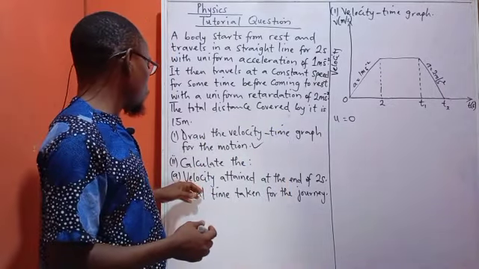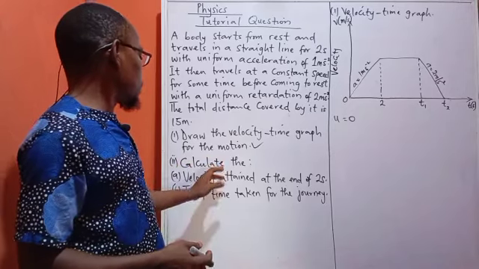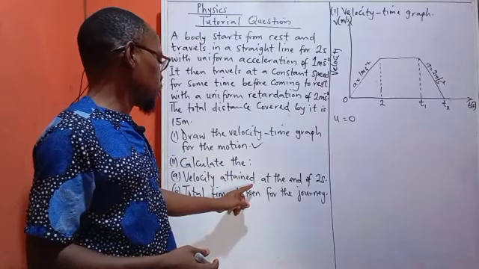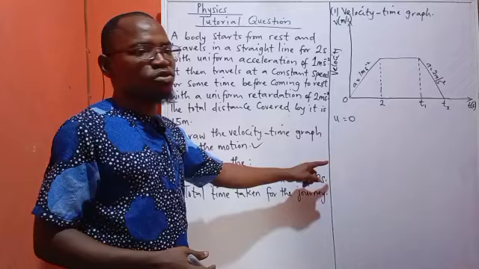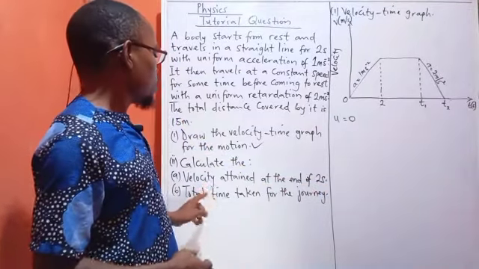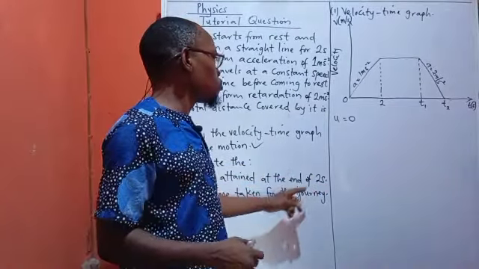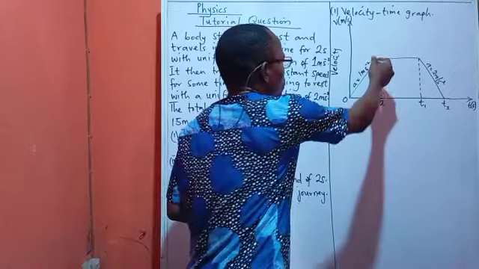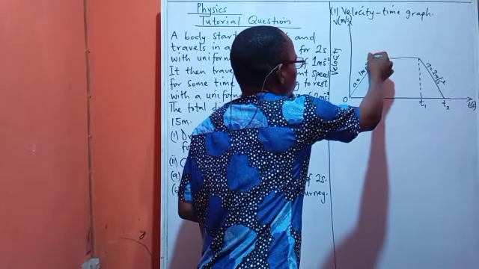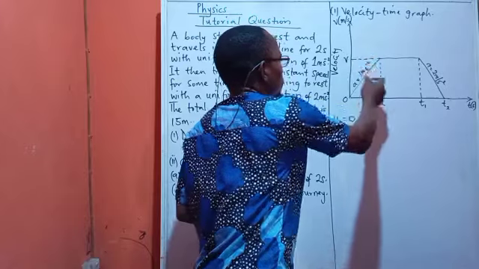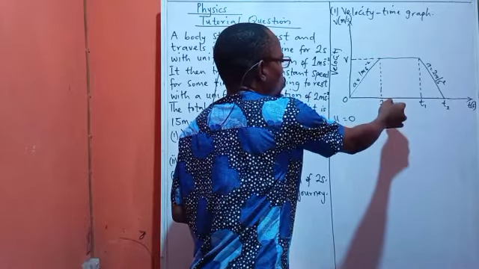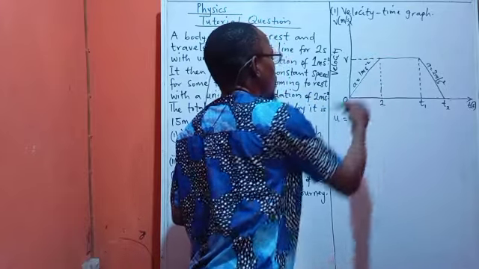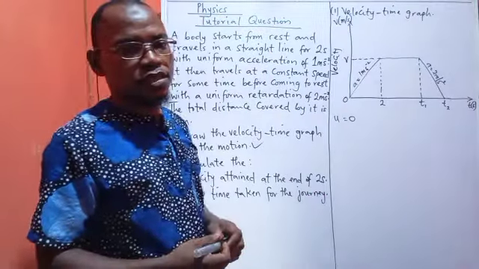Now let's move to the second question. The second question says calculate the velocity attained at the end of 2 seconds, which means we want to calculate this velocity here, for these 2 seconds that the body accelerates.